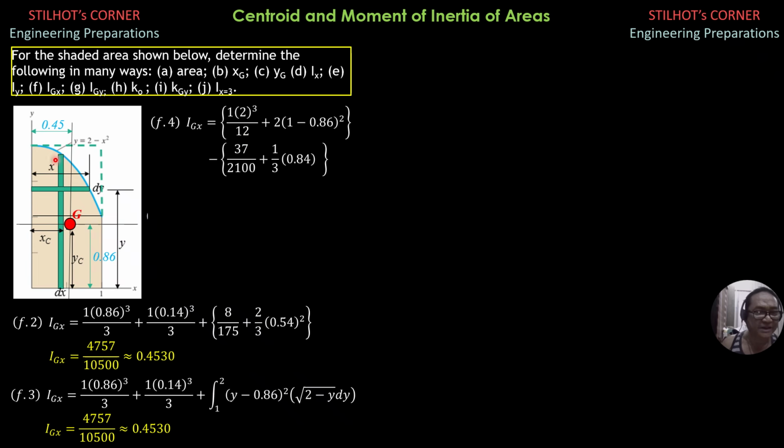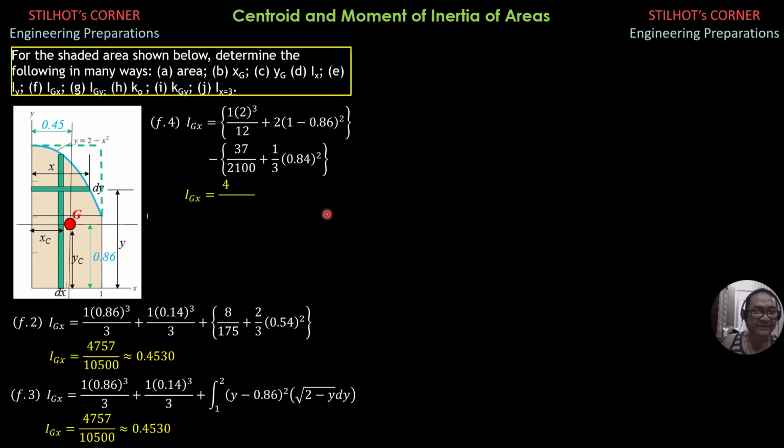Then we have to subtract the centroidal transfer formula for the centroidal moment of inertia of this spandrel, and it was 37 over 2,100, 1 cube, so it's still 37 over 2,100. The area of the spandrel is 1/3, and the distance is, this is 0.3, remember, 3/10 of 1, 0.3, so 0.7 to the top of the square to the centroid of the region, 0.7 plus 0.14, 1 minus 0.86, 0.14 is 0.84, then quantity squared.